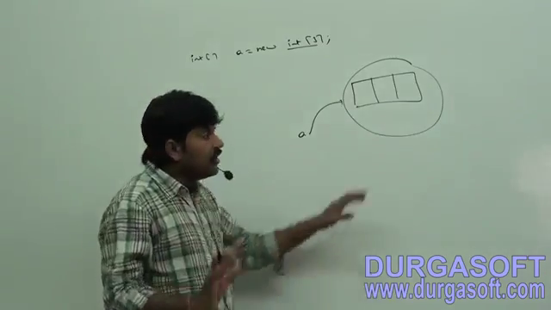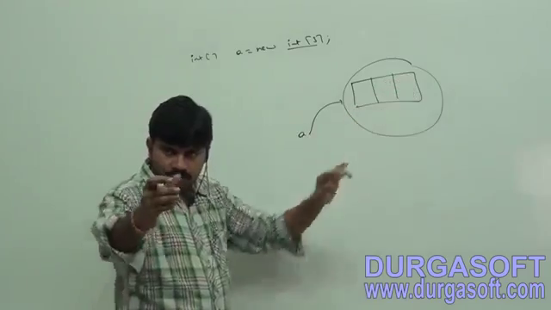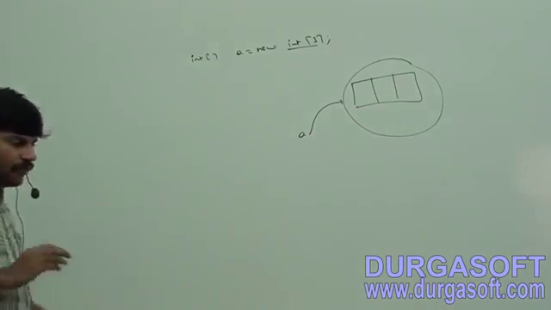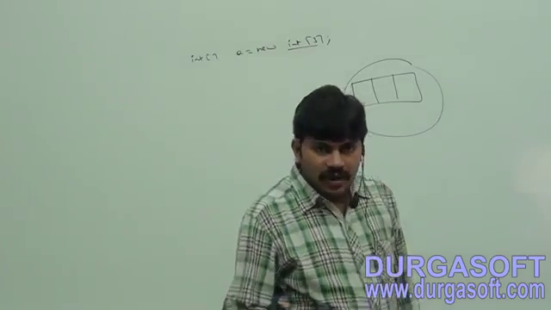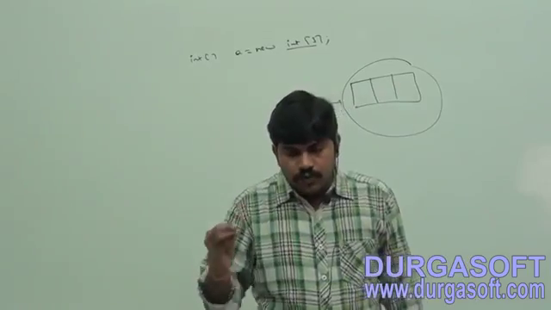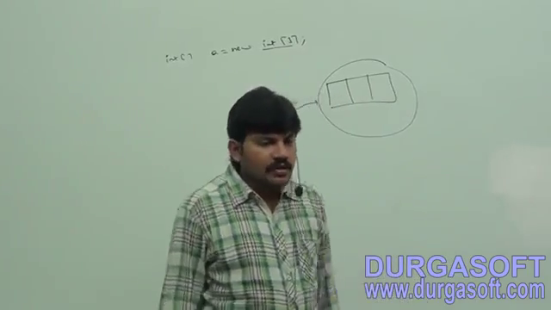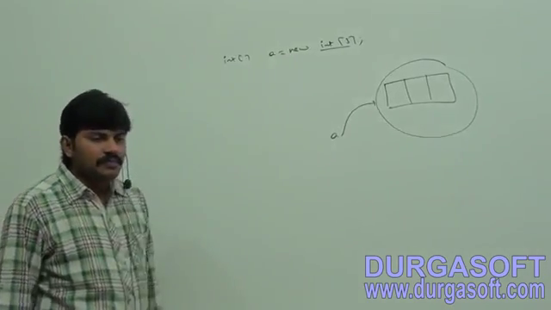You should feel that an array itself is nothing but an object. Okay, make sure of this. Every array in Java is an object only.